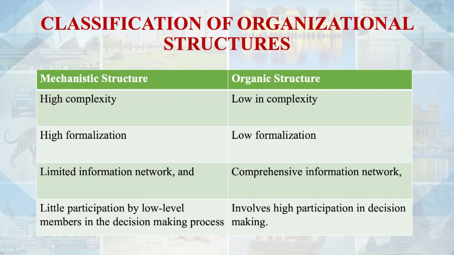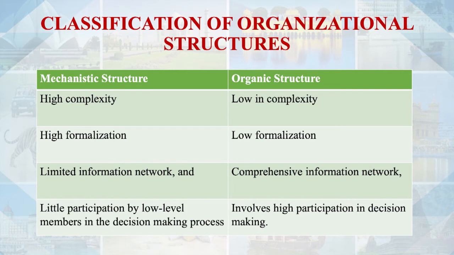Now, what are the various ways in which organizational structures can be classified? There are various options available. Number one, what we call the mechanistic structure, versus the organic structure. Let us first look at the issues about the mechanistic structure. Number one, a mechanistic structure of the organization will always have a high degree of complexity.